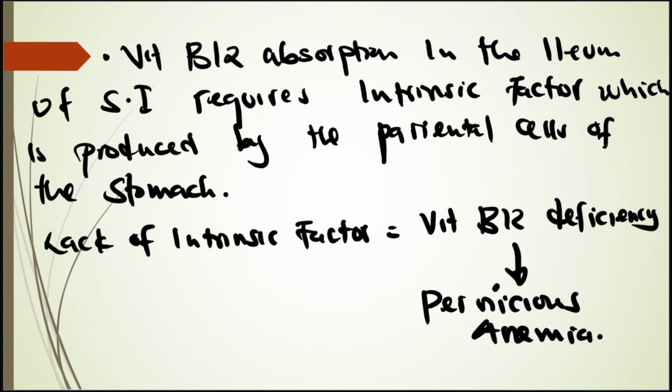That is going to cause vitamin B12 deficiency, which is going to lead to pernicious anemia. So that's one contributor to vitamin B12 deficiency. Another contributor is just a lack of vitamin B12 from the diet. If you're not eating a lot of vitamin B12, you're going to have pernicious anemia.